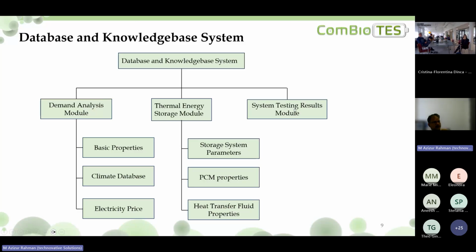Here we put all the results of ComBioTES and also examples of ComBioTES, and we also got some literature data, like PCM properties, and put it here. There are also some other EU projects that we develop further on materials and heat storage, so we also included data from those databases here.